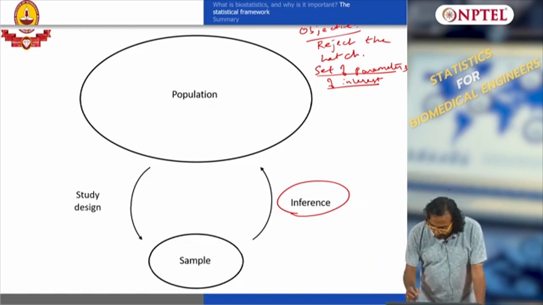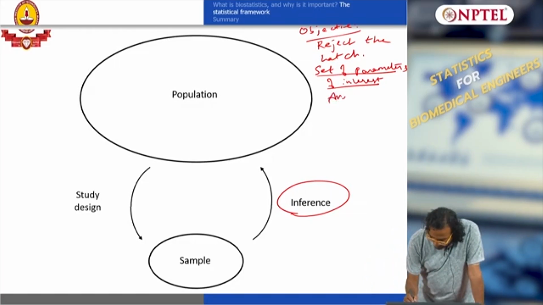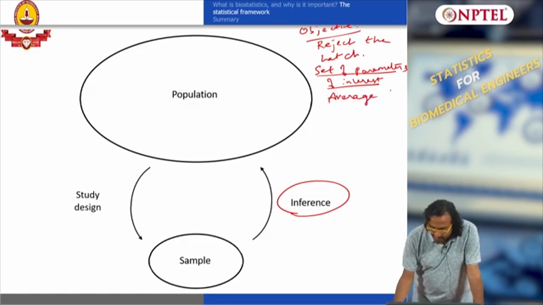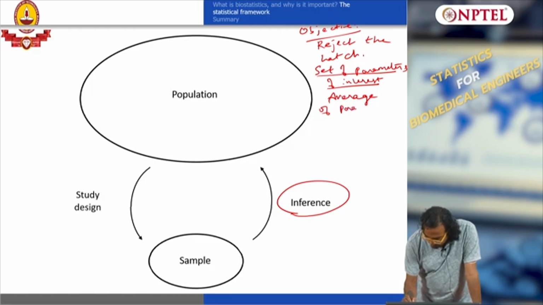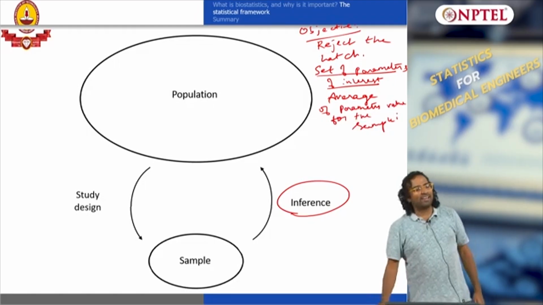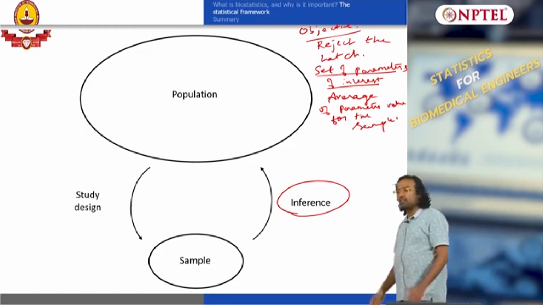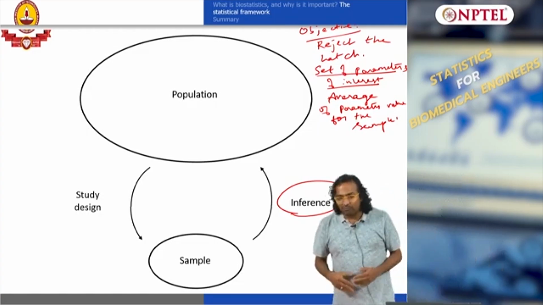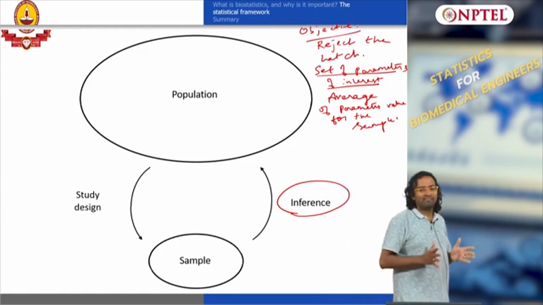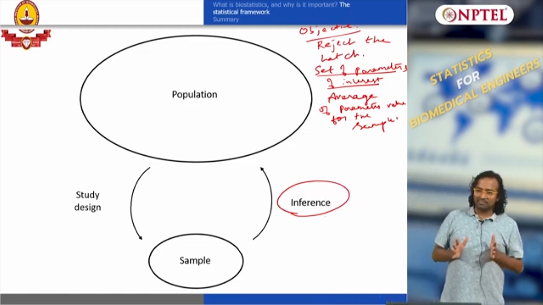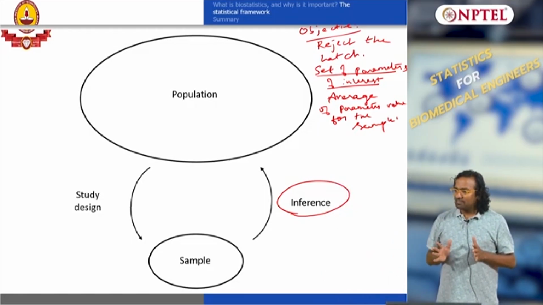So you want to say an average, I will not use math symbols, I will come back to it, average of parameter value for a sample. So on an average how much antibodies were produced after administering the vaccine, clear, that is one thing.